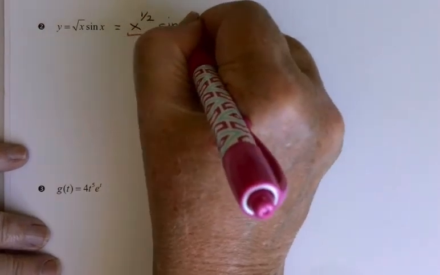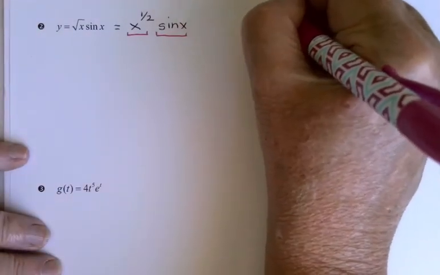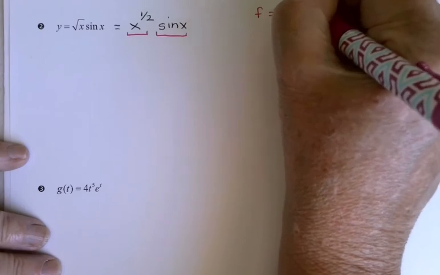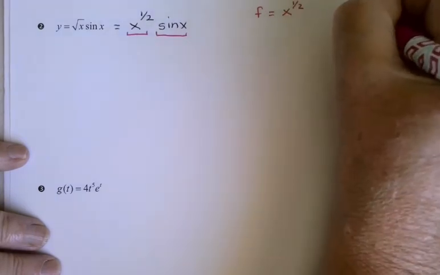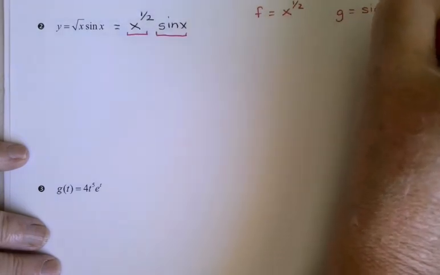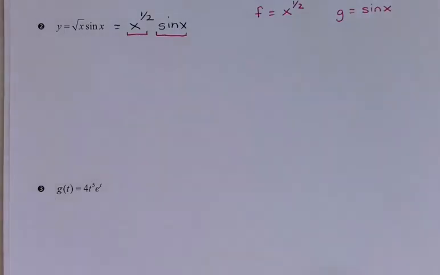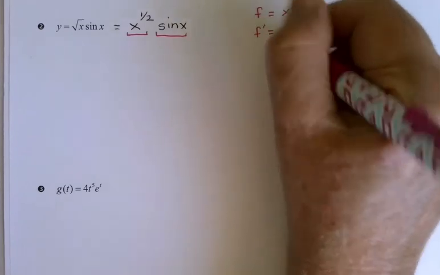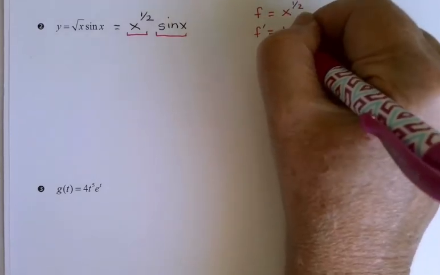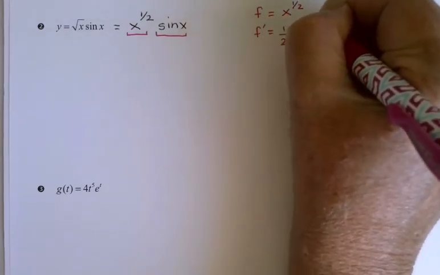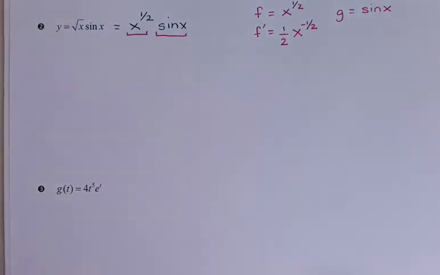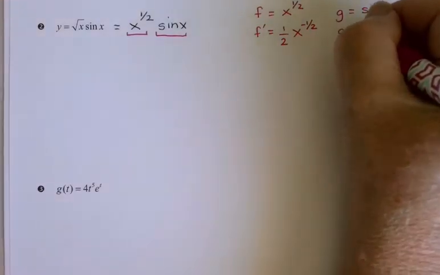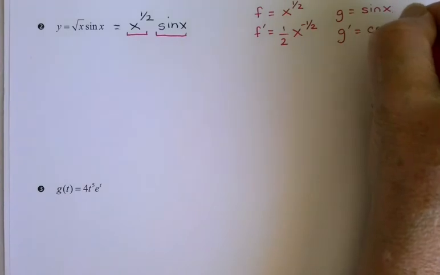So there are my two factors. f is x to the 1/2, and g is sine x. To do the product rule, I need f prime and g prime. So f prime would be 1/2 x to the negative 1/2. And g prime would be cosine x.